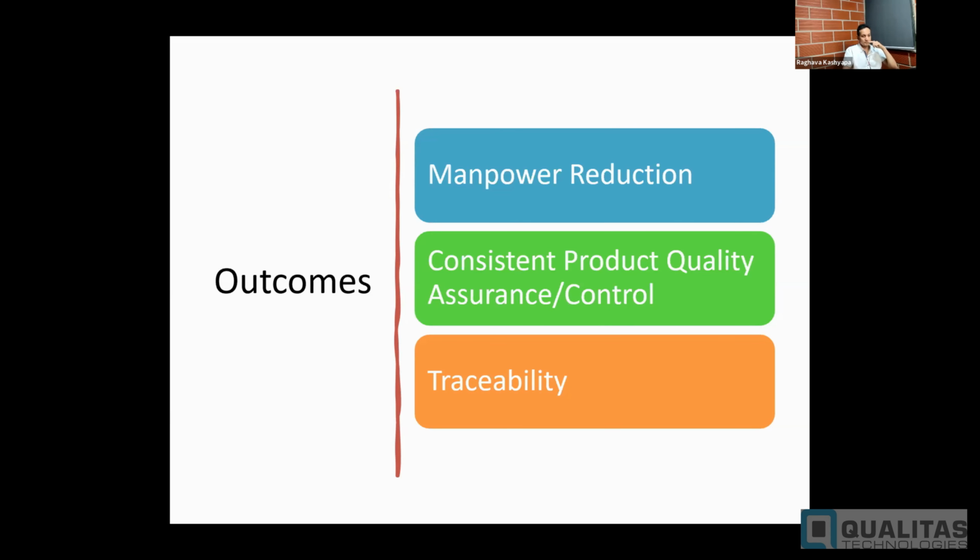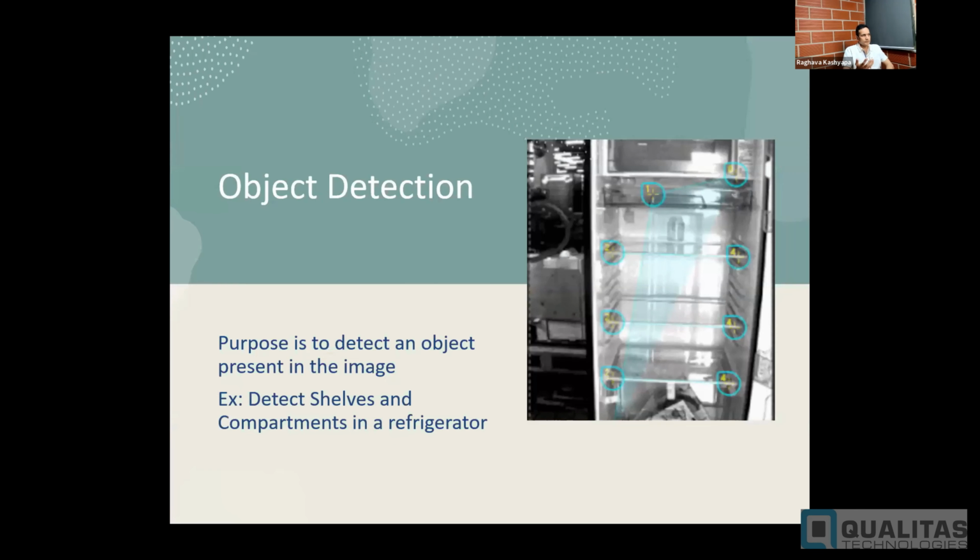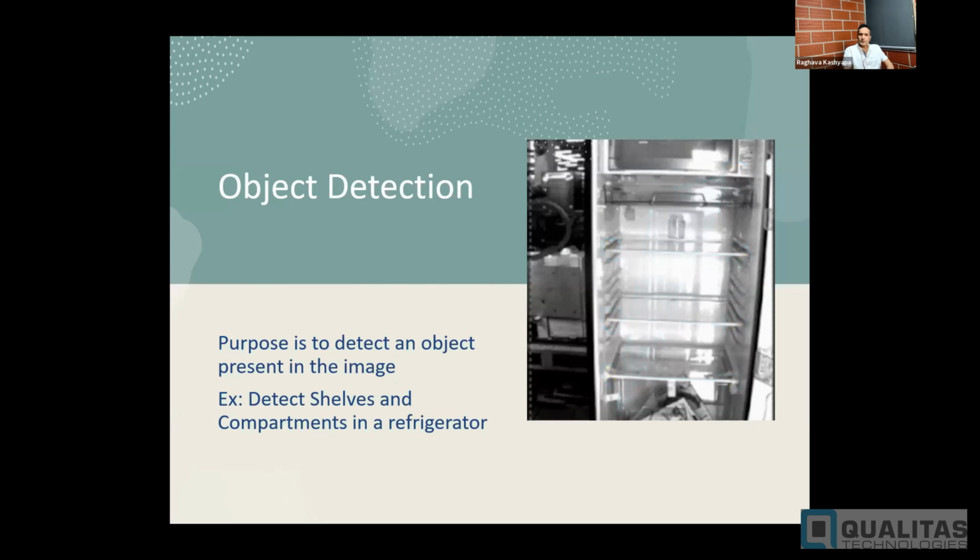So what are the different kinds of applications that we see using machine vision in a factory line? I'm going to go through this a little bit quickly. I won't spend too much time. The first kind of application is called object detection.